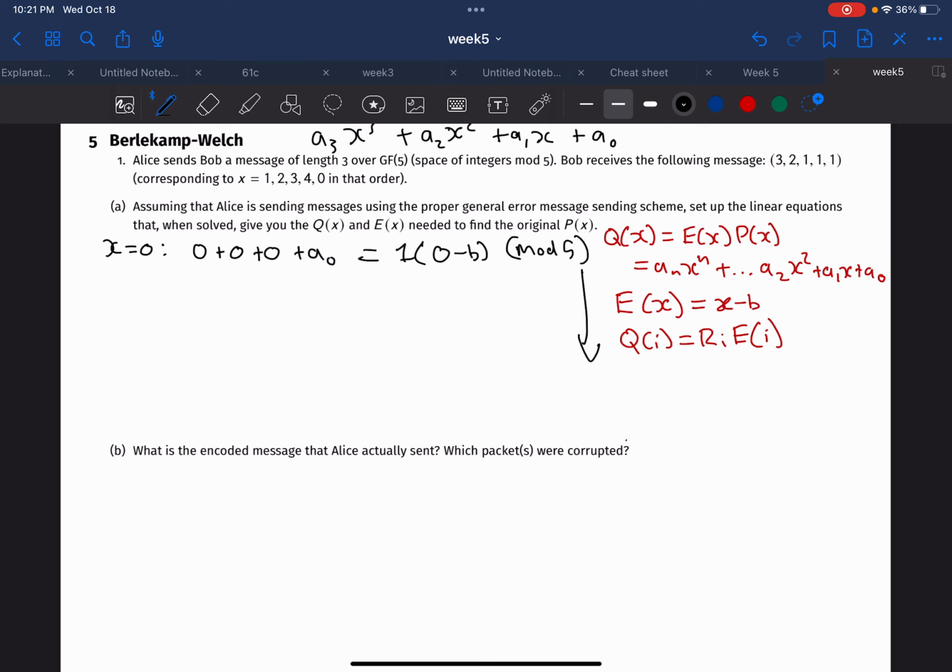And all of these need to be taken mod 5 as well, since we're working over that Galois field. When x is equal to 1, if we plug in x equal to 1 for this polynomial, we just get a_3 plus a_2 plus a_1 plus a_0 is equal to, and we know that at 1 the received message is 3, so 3 times 1 minus b.